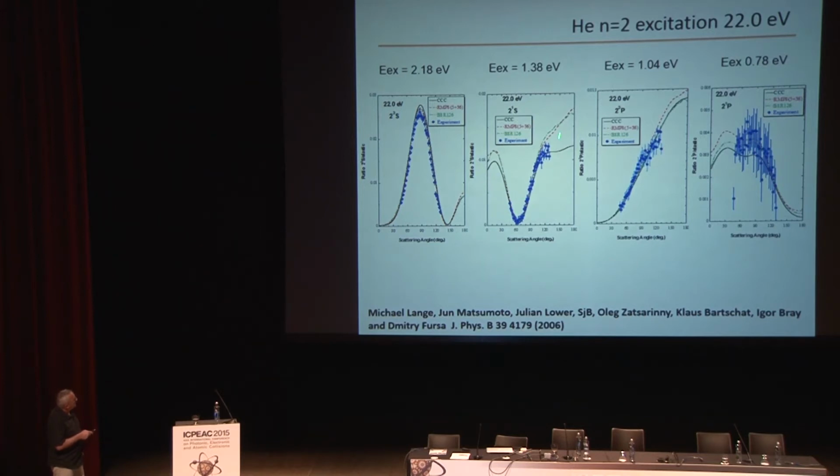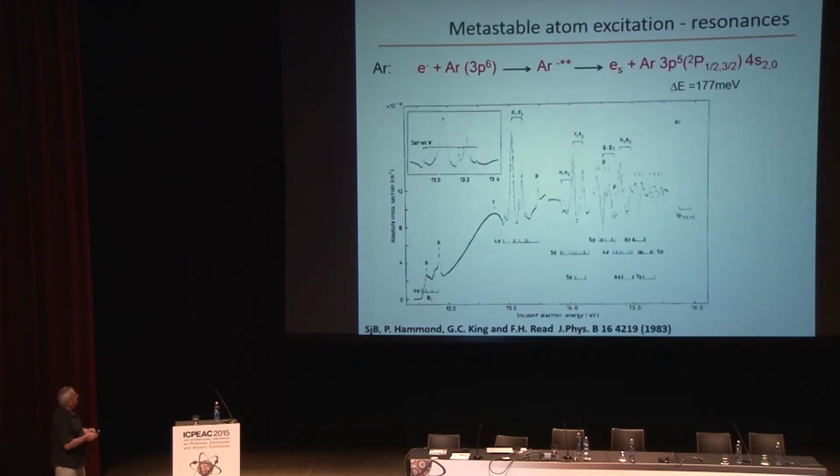The interesting thing is that there are some differences that emerge here at the higher and lower angles between the theories, and at present we can't probe those, but that's an area where there's still some uncertainty perhaps. But overall, the agreement here between experiment and state-of-the-art theory is exceptionally good.